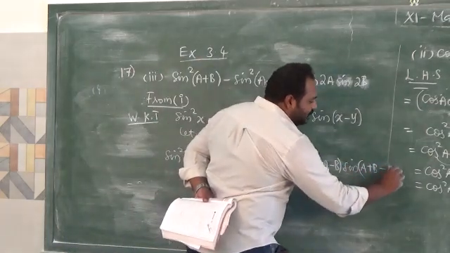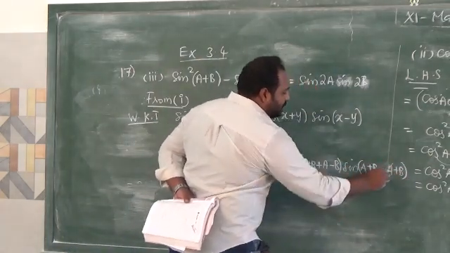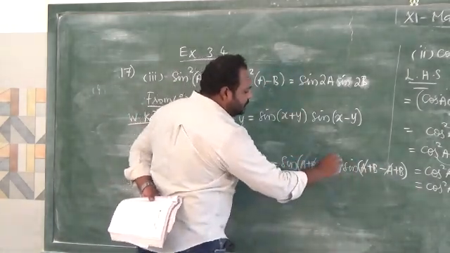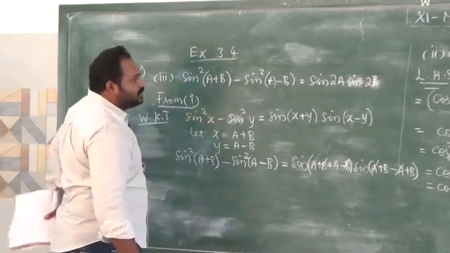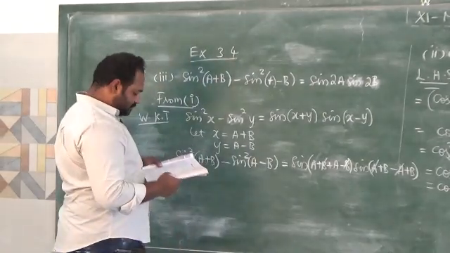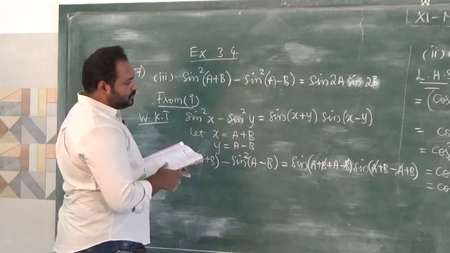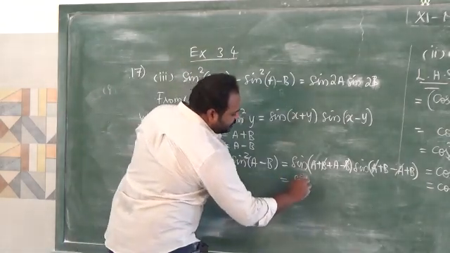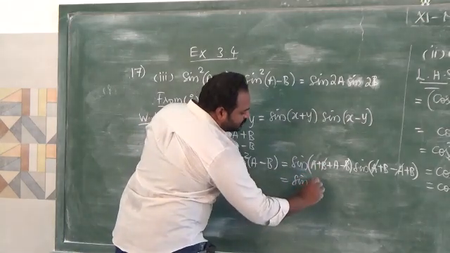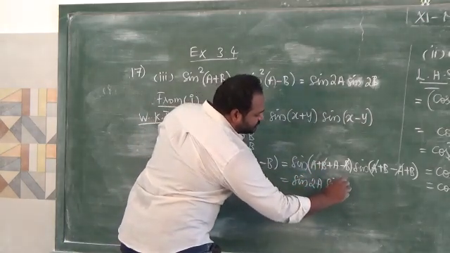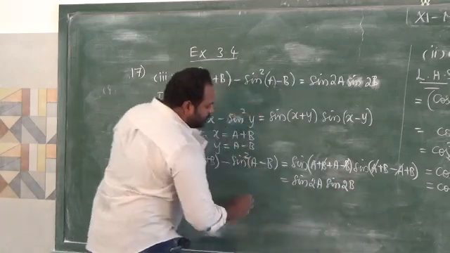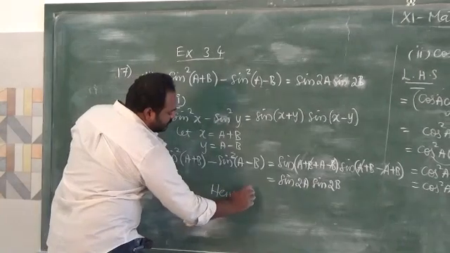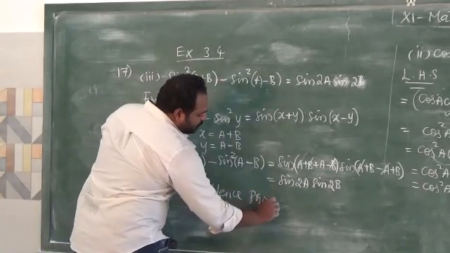So here the a and minus a cancel, and the minus b is cancelled. So finally this will be sin of a plus a, 2a, sin of b plus b, 2b. So we are getting the answer. So hence proved.